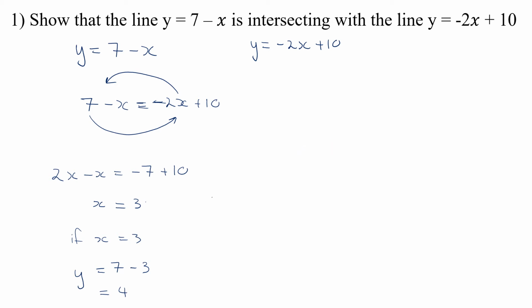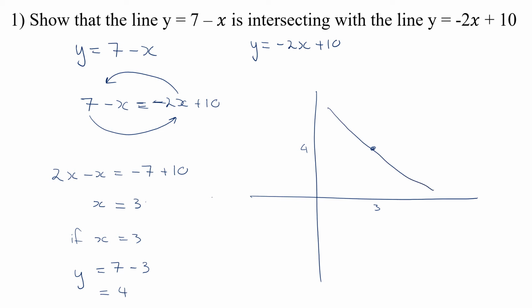So for instance, let me just draw the sketch again. So I know that x was what? X is 3. So 3 would be here, and 4 for y would be somewhere here. So you see at this point here, we will have an intersection taking place. So I know this line because the gradient is negative.